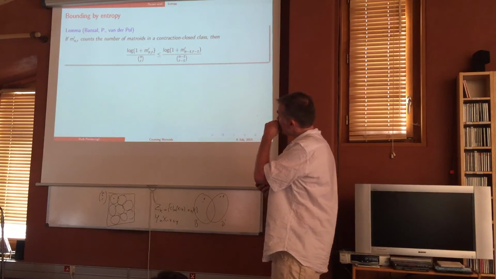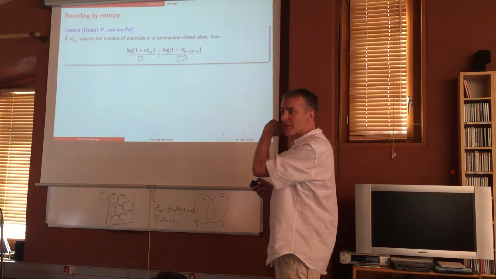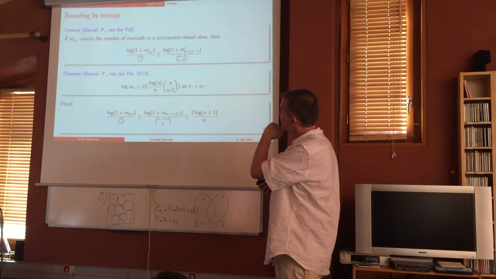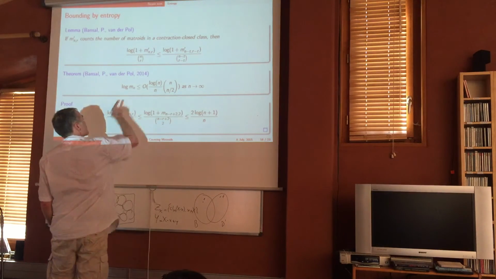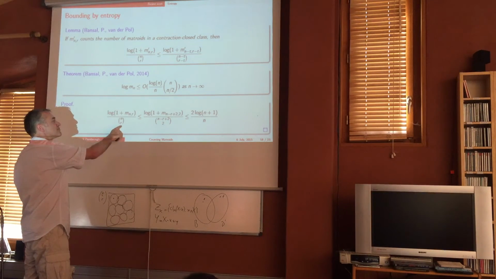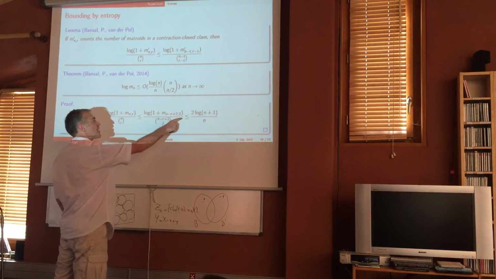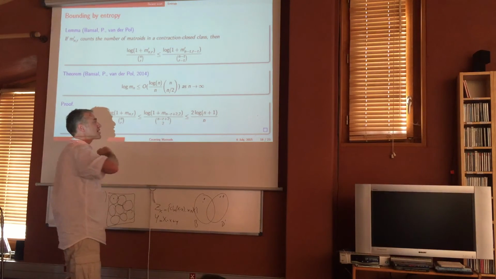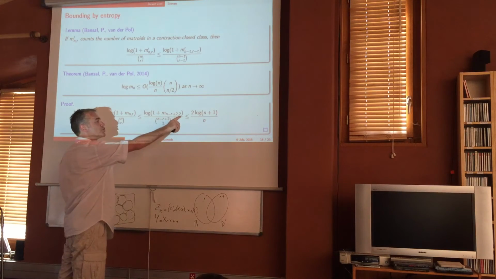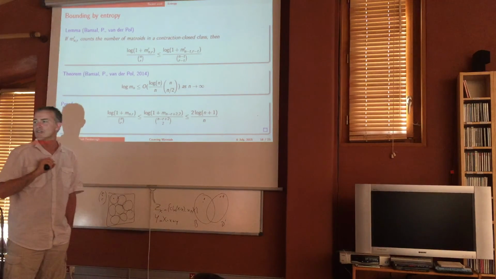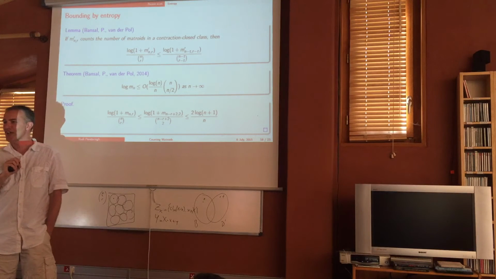So this is just repeating the lemma that I had. If you want to prove an upper bound on the number of matroids, you apply the lemma and choose your t so that this fraction here refers to matroids of rank 2. And it's easy to count matroids of rank 2, right?